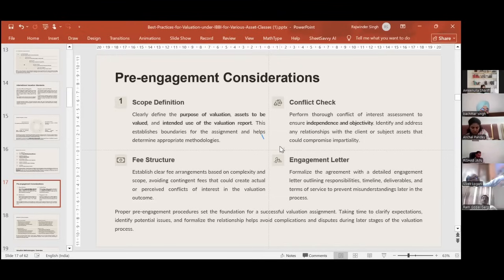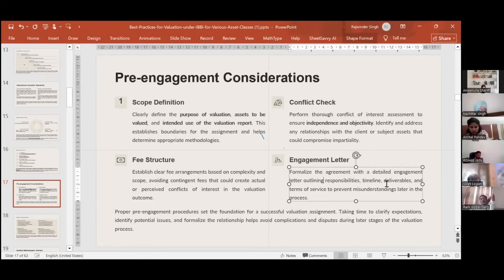So formalize the agreement with a detailed engagement letter outlining your responsibility and timeline. These things should be there in your engagement letter.